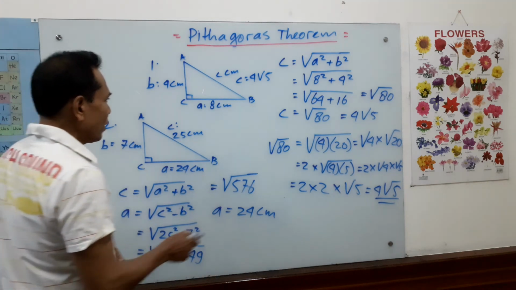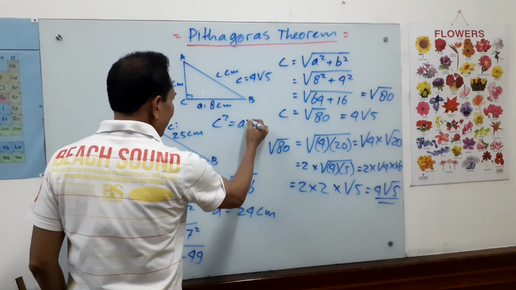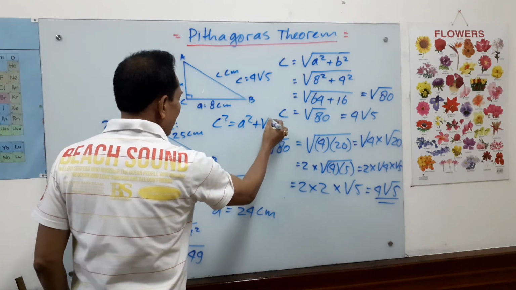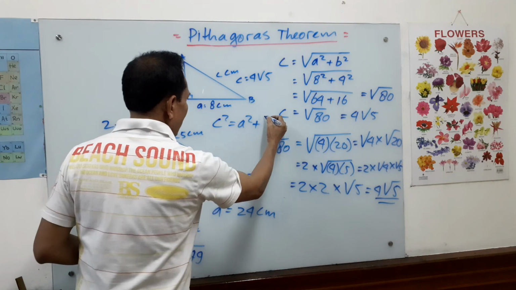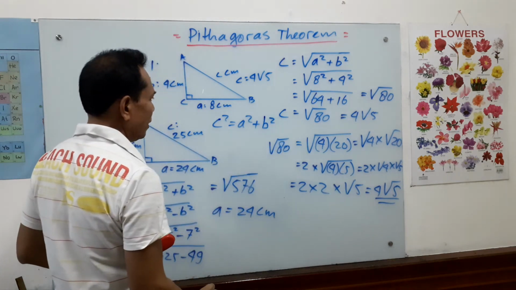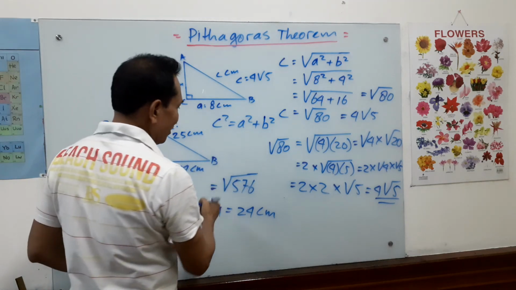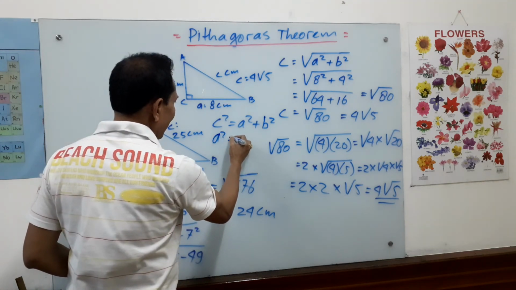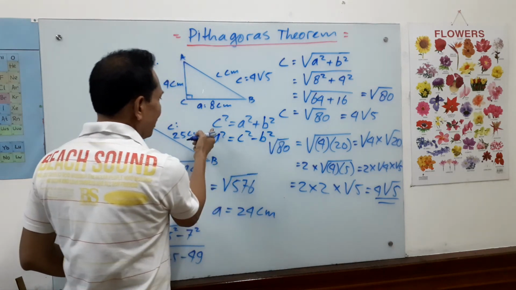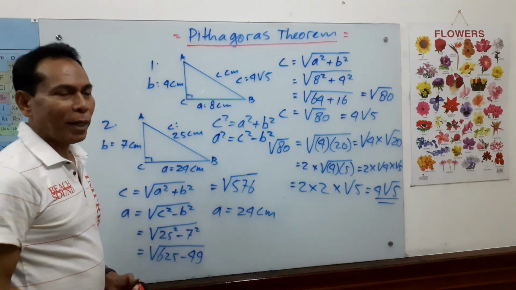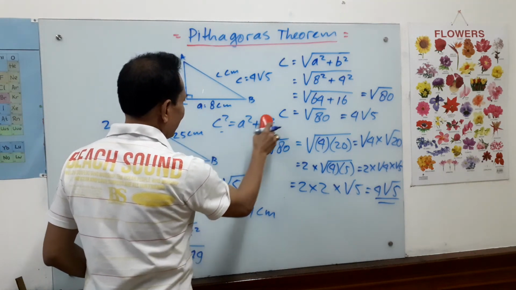The formula is C squared equals A squared plus B squared. And we take out A as a subject, so A squared equals C squared minus B squared. B moved to the right side becomes minus.